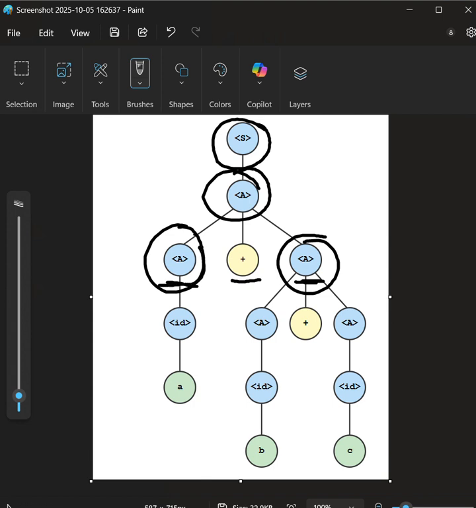But this is the other way around in the right. We expand the rightmost A, so A becomes A plus A.